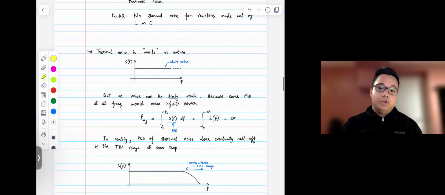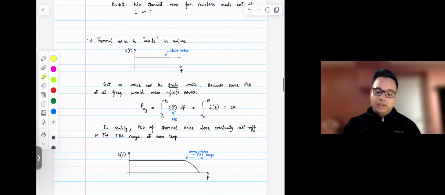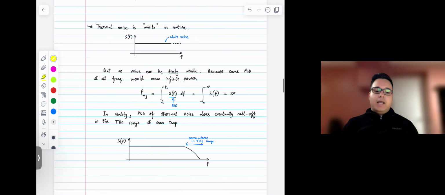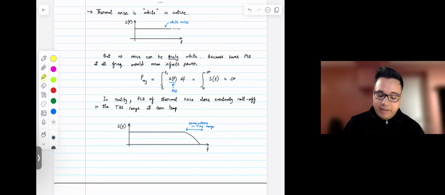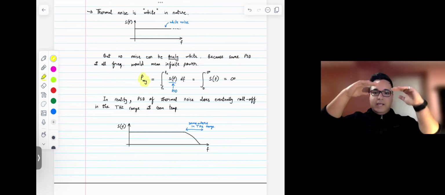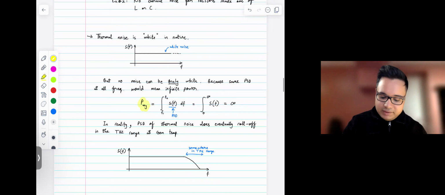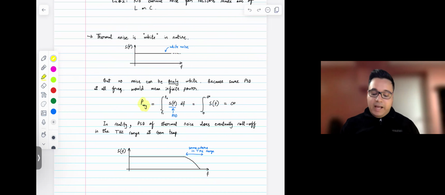And then the second thing I wanted to note is about thermal noise. We previously said that thermal noise is white in nature, but as it turns out, we can't have a truly white noise, because the average power, which is basically the area under the curve of this PSD graph here, would be infinite. The average power would be infinite if the noise is truly white for all frequencies up to infinite frequency, right?